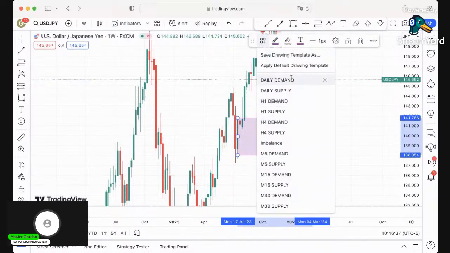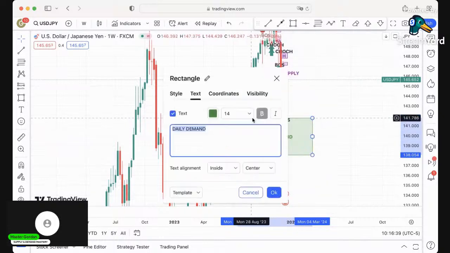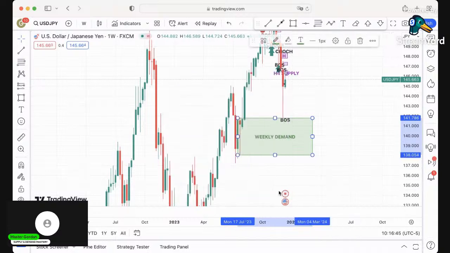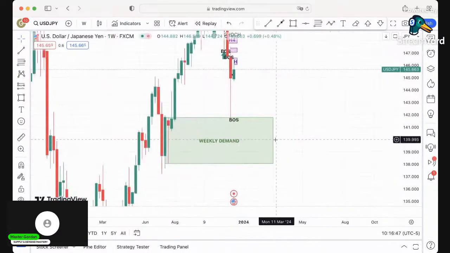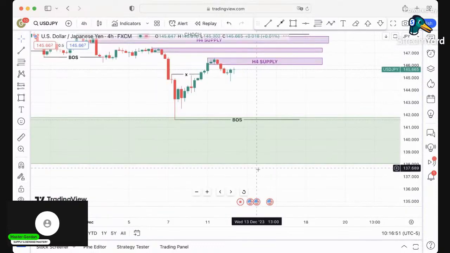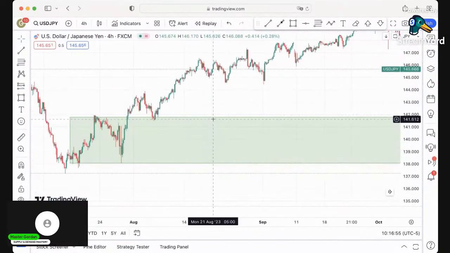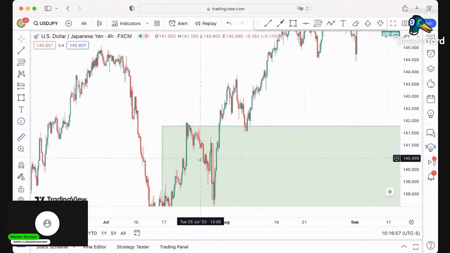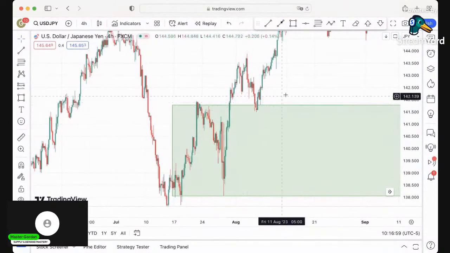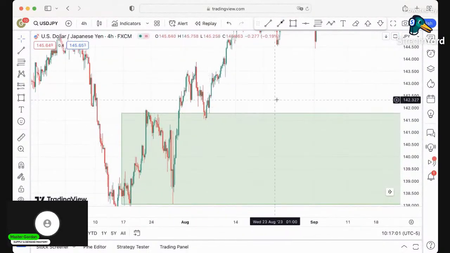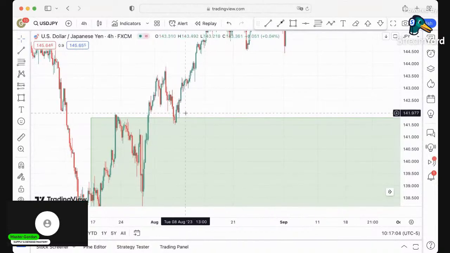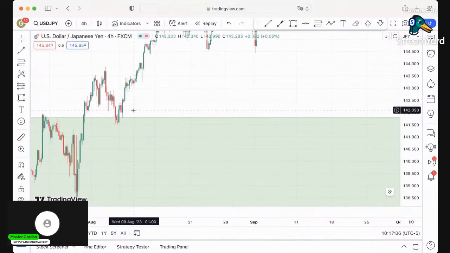This is a damn strong weekly demand, guys. This is one of the H4 demand zones right here as well. The H4 demand zone right here.